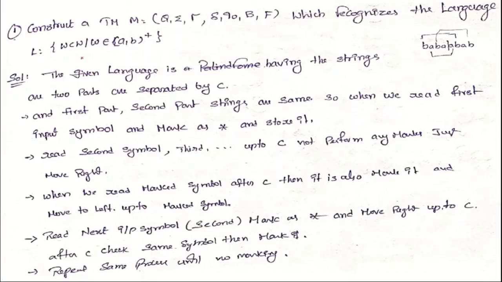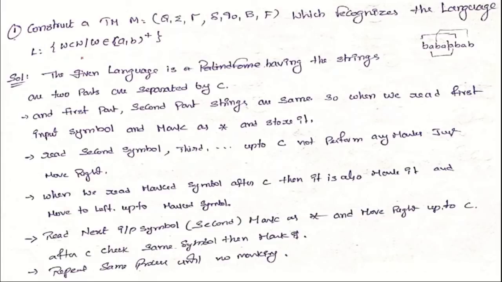Again we read the second symbol and move right until we find the same unmarked symbol after C, then mark it and go back, that means move left. In this manner we move left to right and right to left, and finally all symbols in the second part of the string are marked. Then we say that the particular language is accepted by the Turing machine.